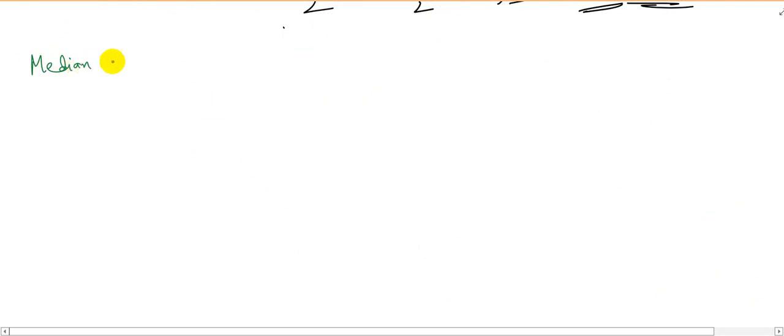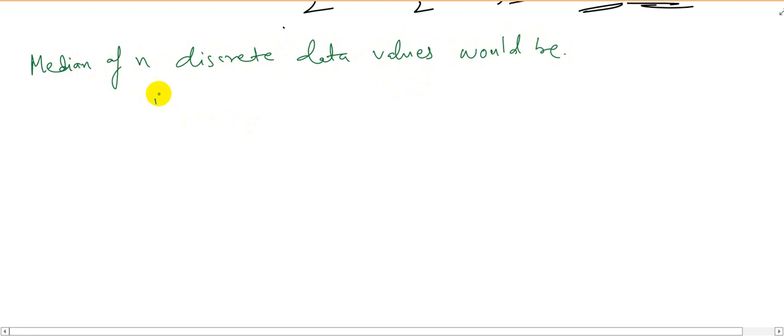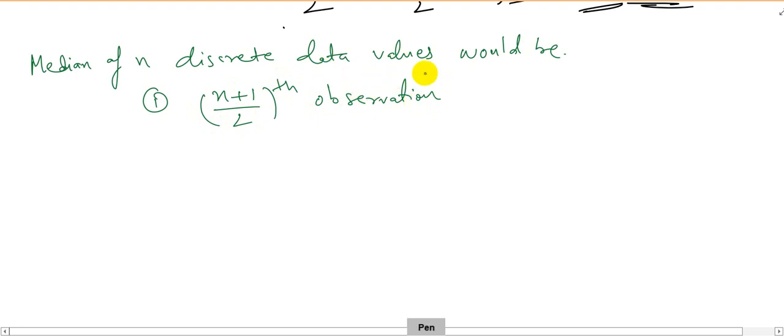Median of n discrete data values, or we can say data points, would be the (n plus 1) upon 2th observation or value, if n is odd.